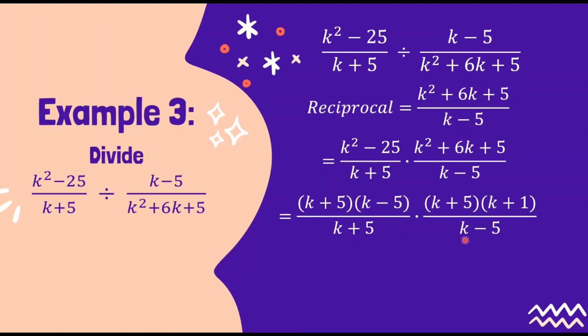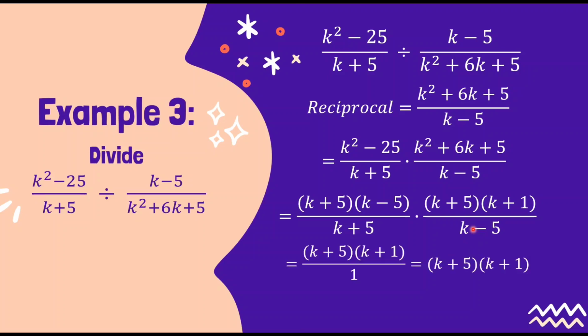Is there any common factor? Yes, we have a common factor. We have k plus 5 and k plus 5. What else? Is there more? Yes, we have k minus 5 and k minus 5.